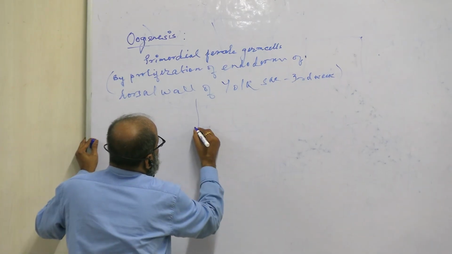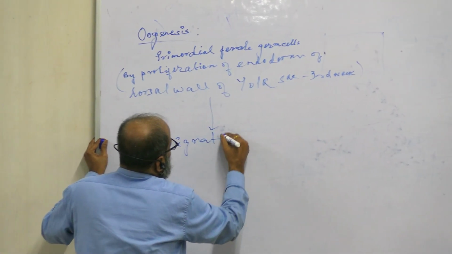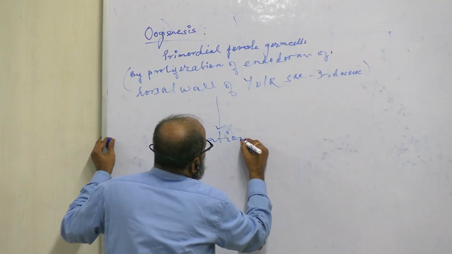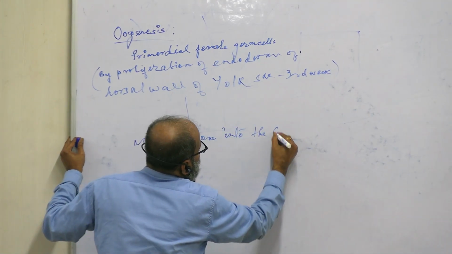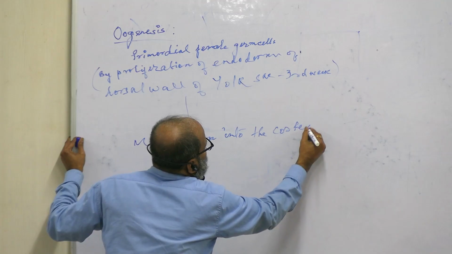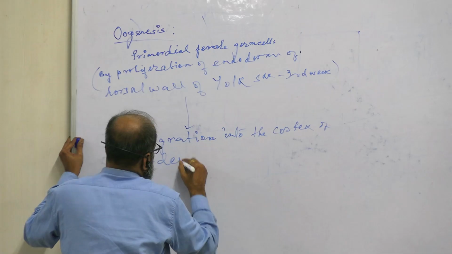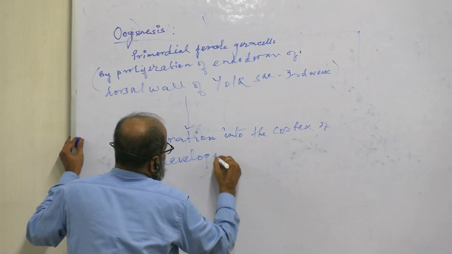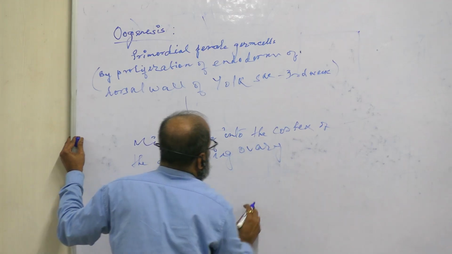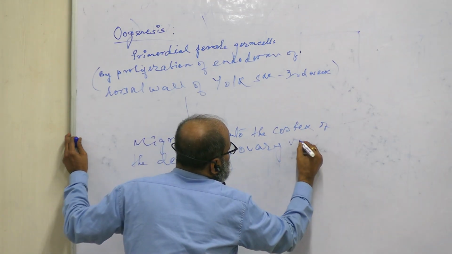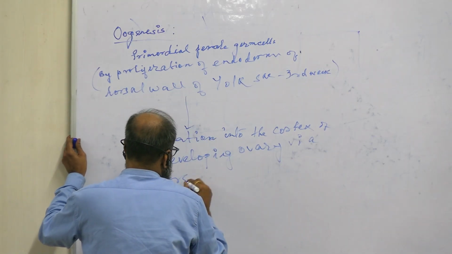Then is the migration into the cortex of developing ovary, by the dorsal mesentery.